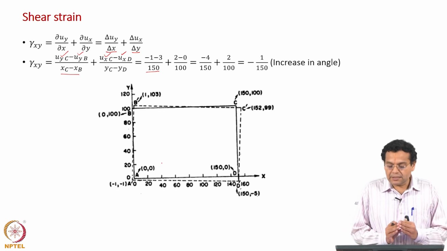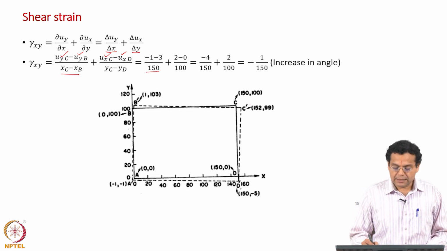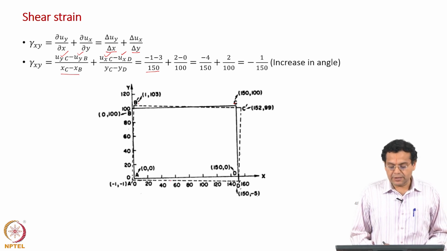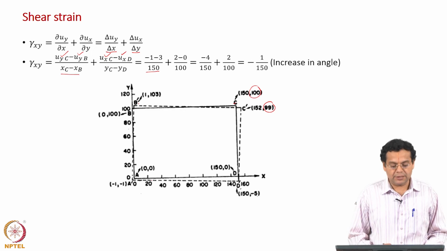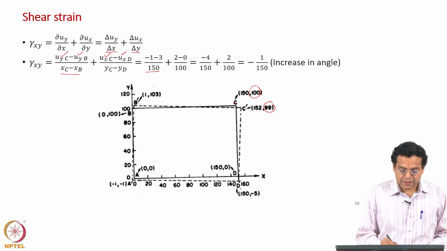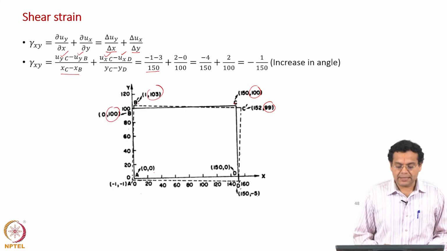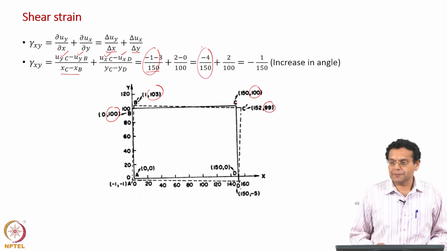So, consider particles along the x axis, and look at the difference in y displacement. Consider C and then B. The y displacement for C is 99 minus 100, minus 1, and for particle B it is 103 minus 100, which is 3, and so the first term is minus 4 by 150.